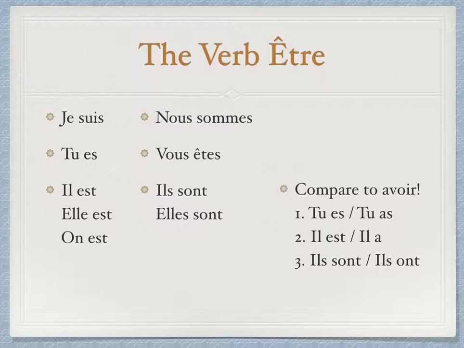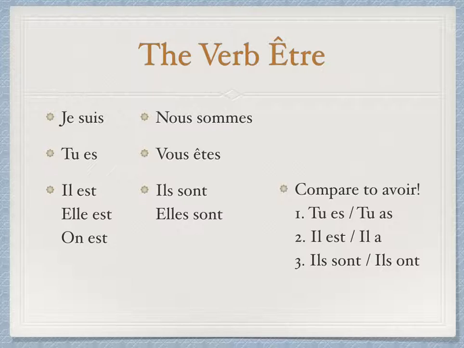However, because of the rule of liaison, and because ils ends in an S and O is a vowel, that means that ils sont, they are, we hear the S sound of the sont, but ils ont, they have, we hear the Z sound of the liaison. Ils sont, ils ont. Pay very close attention when listening or speaking these two verbs. They're very easy to mix up. Ils sont, they are. Ils ont, they have.